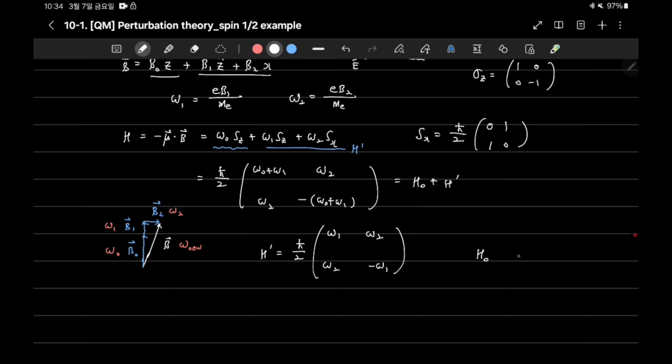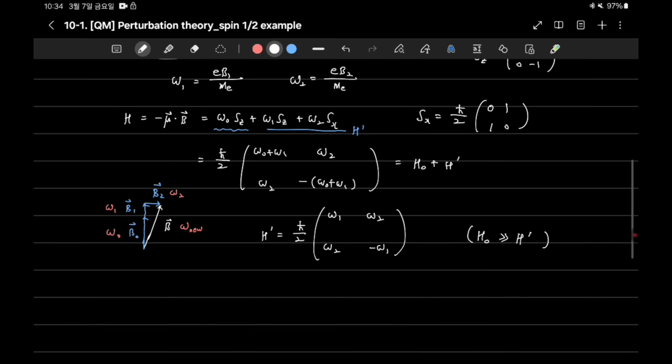This additional Hamiltonian is very small compared to the original Hamiltonian. So we can define a new Hamiltonian as omega nu and Sn.